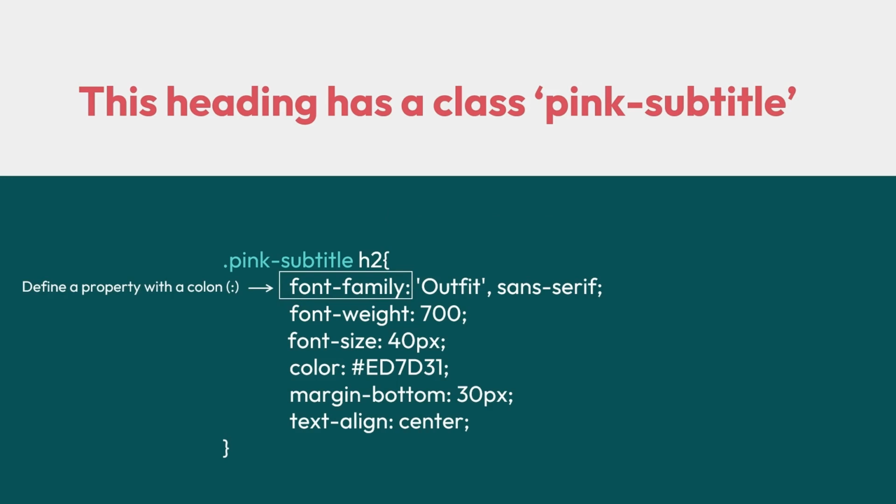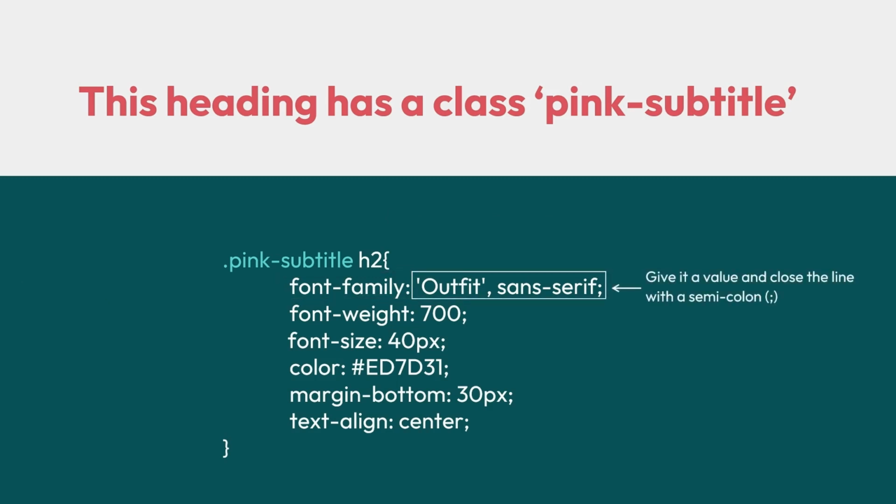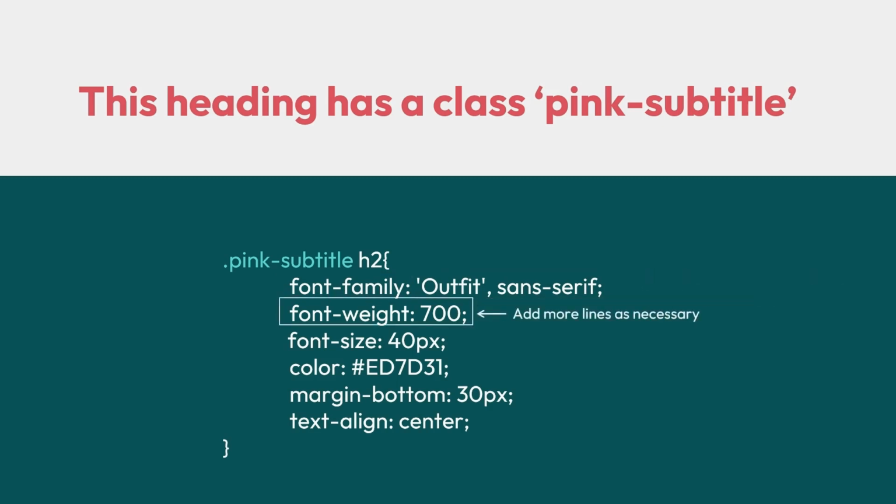Well, basically, we are defining a property, then we put a colon, and then after this, we are defining the value for that property and use semicolon to close that line. And then afterwards, we can add more lines as necessary for each property. For example, I'm using on this line a property font weight.